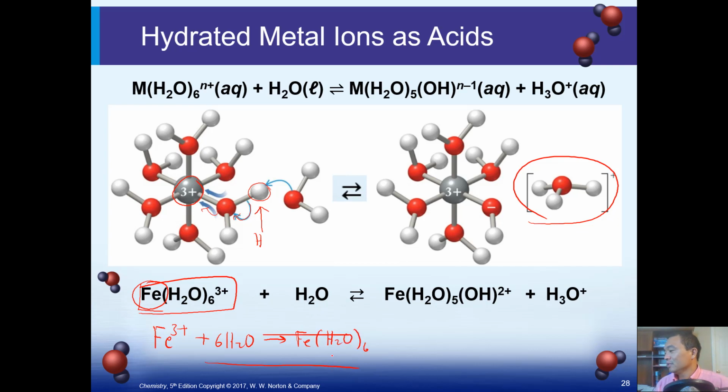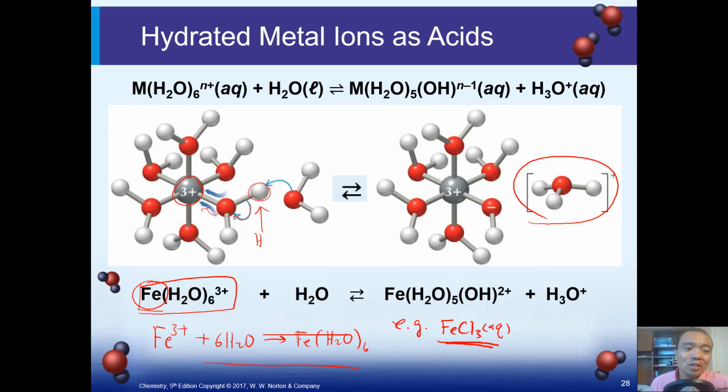So when you dissolve iron 3 chloride into water and form an aqueous solution, you expect this solution to be acidic, as explained by the mechanism in this picture.